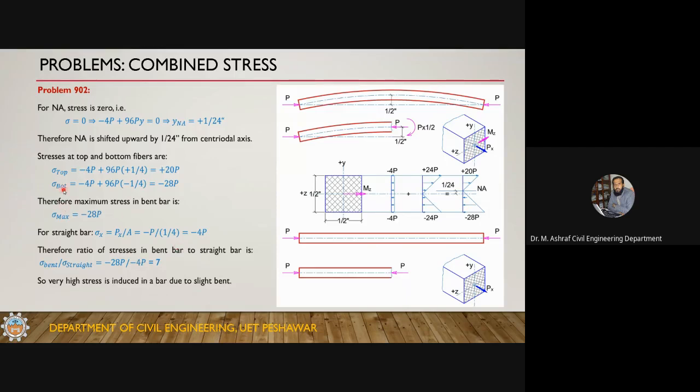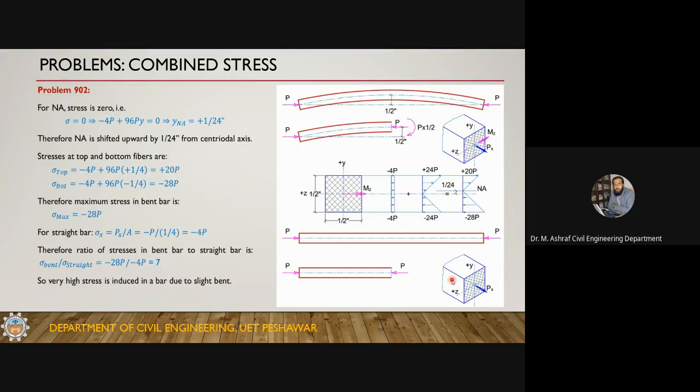Here in the bent bar, the maximum stress out of these two is minus 28p, and the maximum stress will be at this point, this fiber, the bottom fiber. Now, if there is no bend in the rod, and the rod is straight, and you take a free body of it, the rod will be subjected to only an axial force.